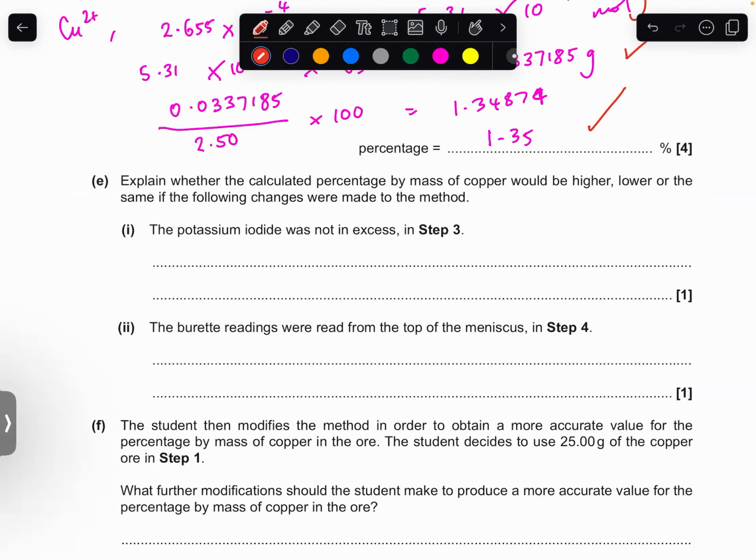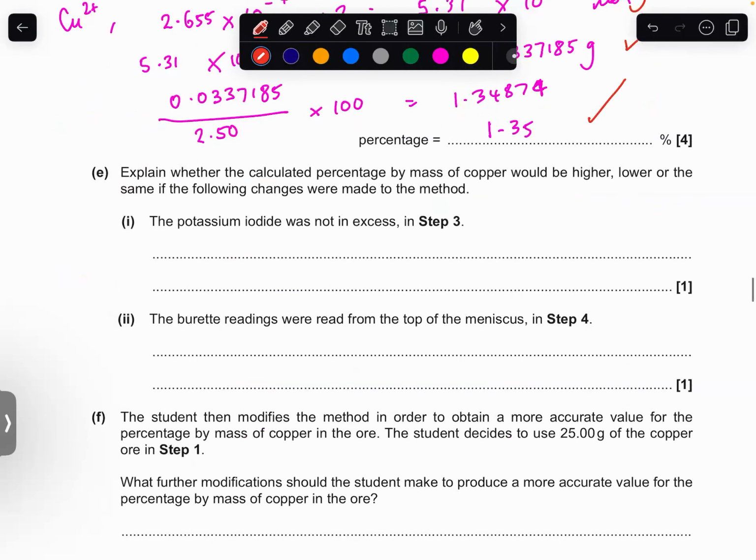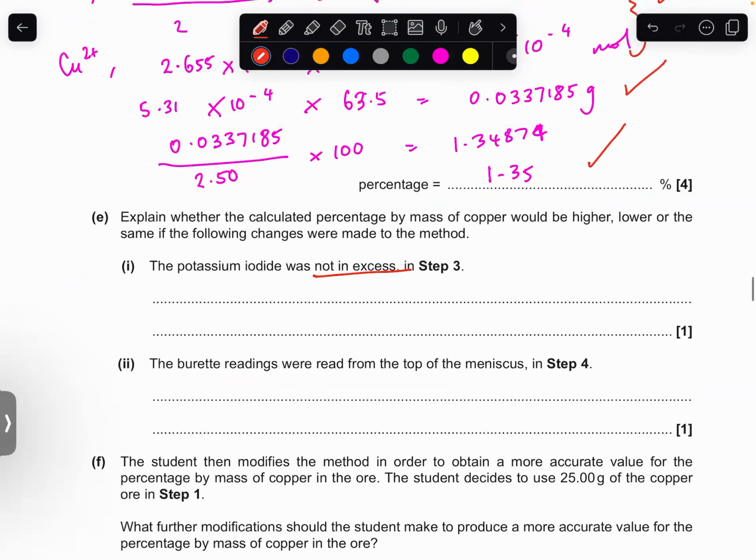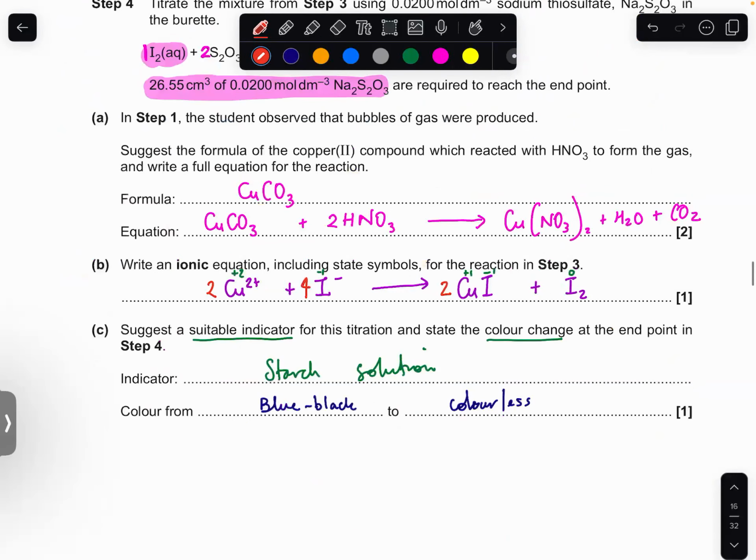Some questions about the procedure. It's asking, explain whether the calculated percentage by mass of copper would be higher, lower, or the same if potassium iodide was not in excess.